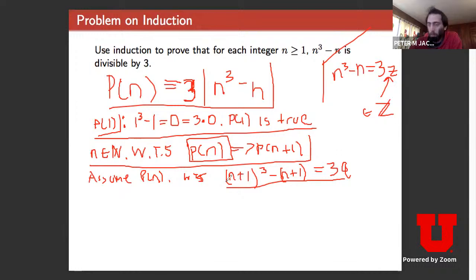We're going to try to simplify the left-hand side so that this term pops out, because we're assuming this, so we want to use it. So let's try to use it. If we take this expression, let's just factor out an n plus 1.